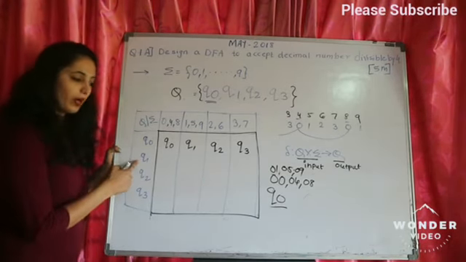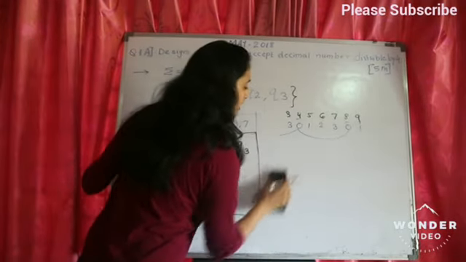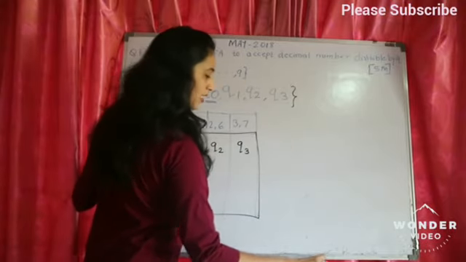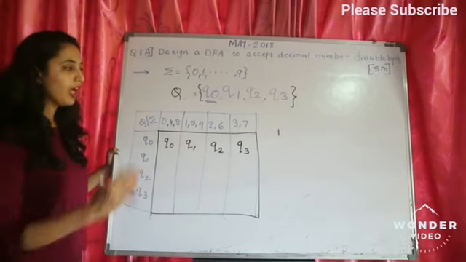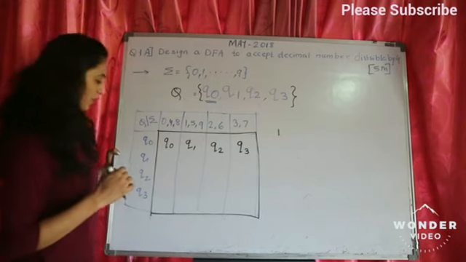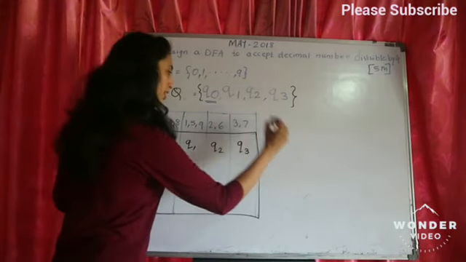Next state is Q1. When we are at state Q1, what does it indicate? It indicates that we have remainder 1 from the earlier operation. If we have remainder 1 from the earlier operation, we will have 1 with us.